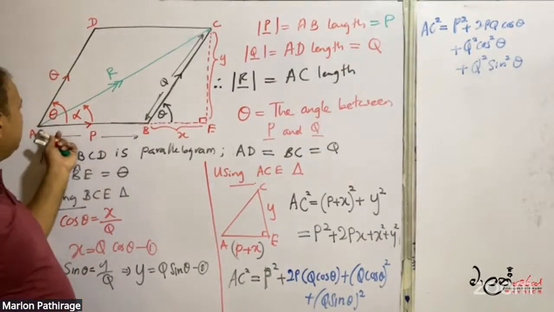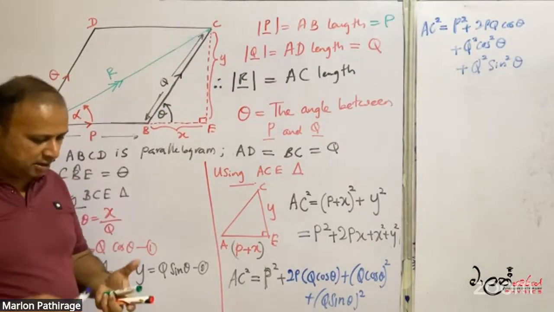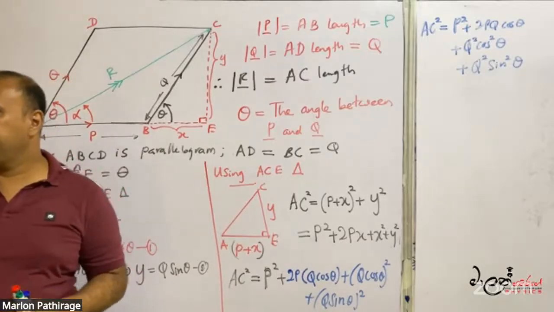You know AC means R. Therefore, instead of AC, I can write it as R.